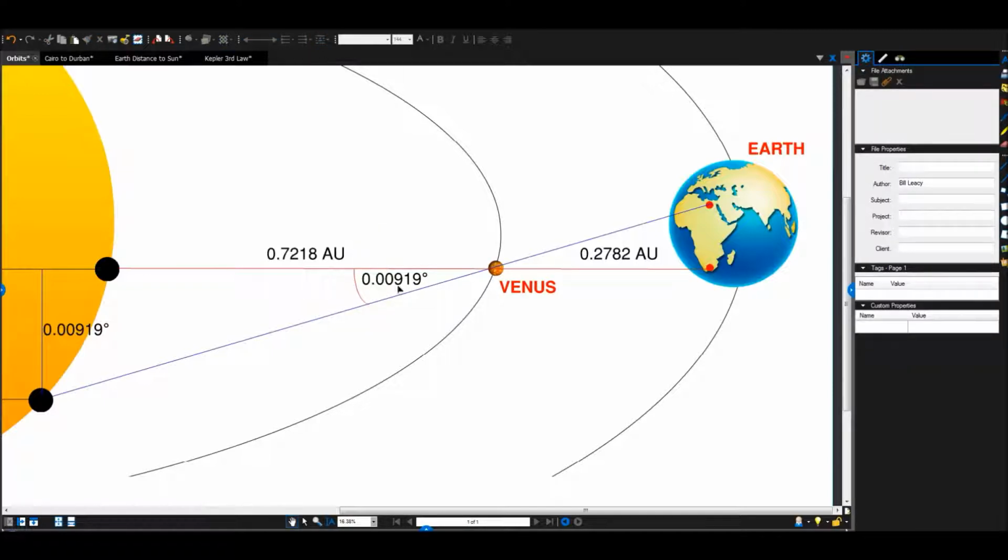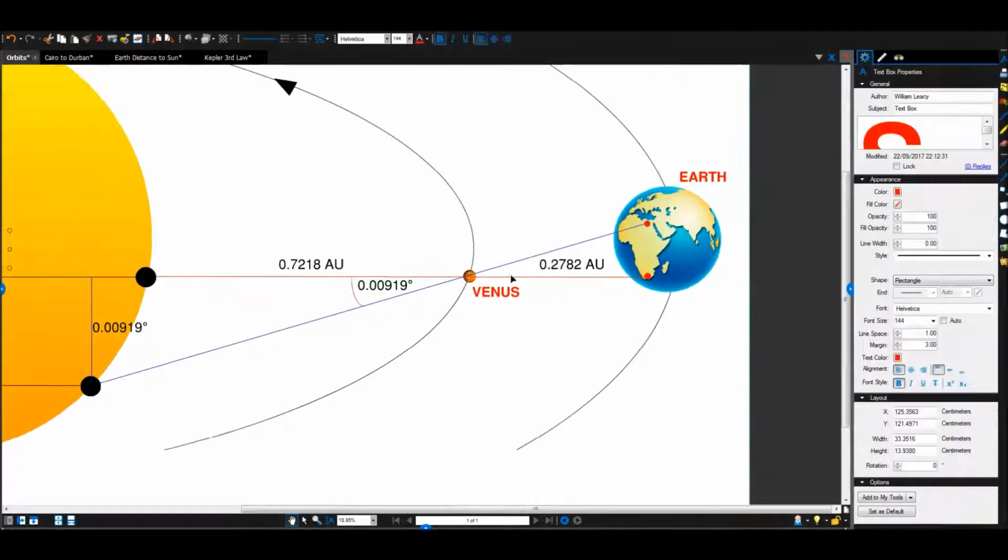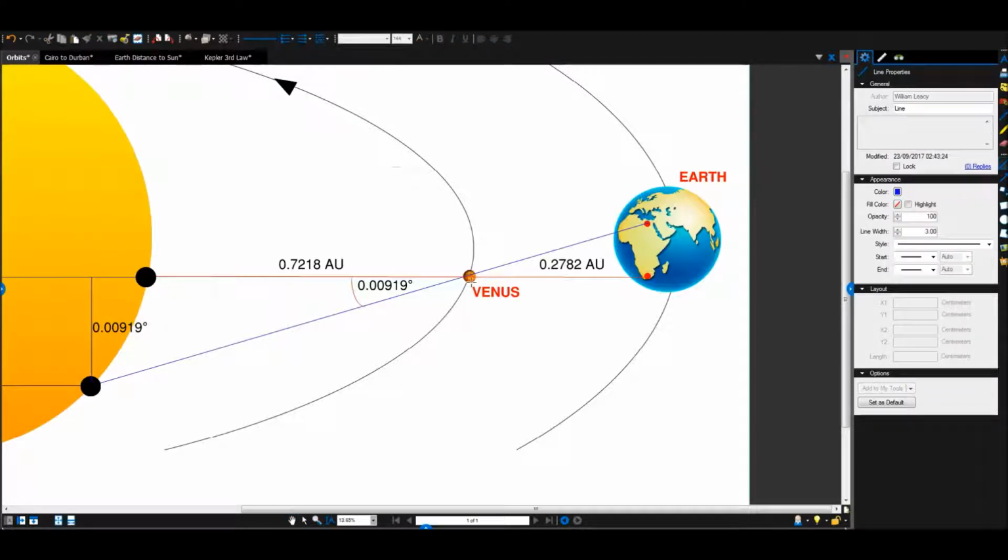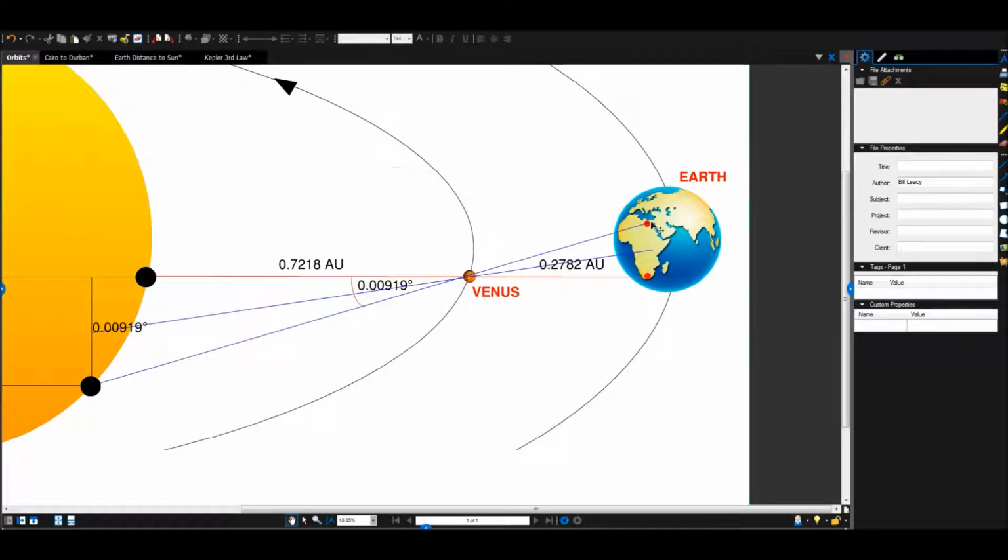So that angle there is 0.00919 degrees, which means that angle is also the same. What we find is actually this line, it isn't horizontal, right? So it looks horizontal, but actually it isn't. So what we should do here is actually divide this. We should split this in half. Right, we split this in half and we get a triangle here.